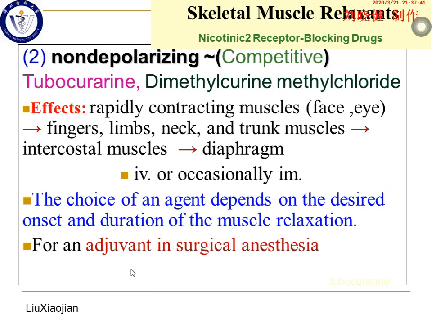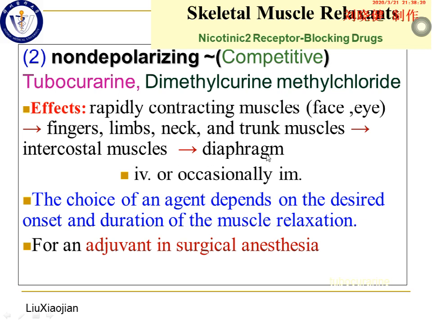Actually, when these drugs are used, not all muscles are equally sensitive to blockade by competitive agents. Usually, the rapidly contracting muscles are blocked first, like the muscles in the face or eyes, and then followed by fingers, limbs, neck, and jaw muscles, and then the intercostal muscles.